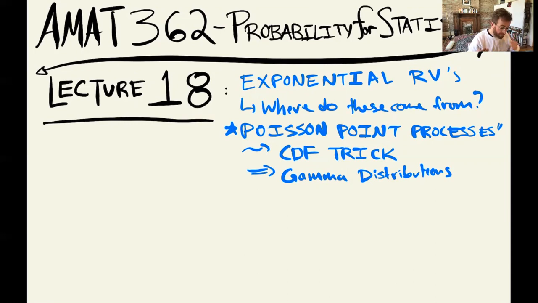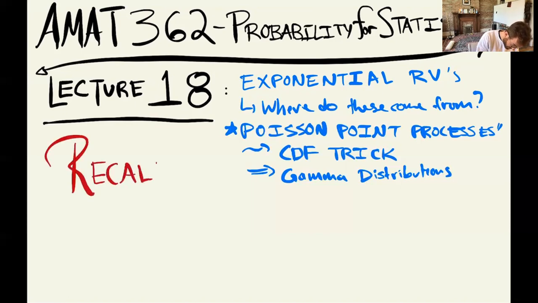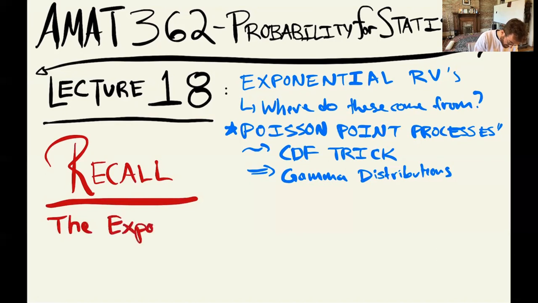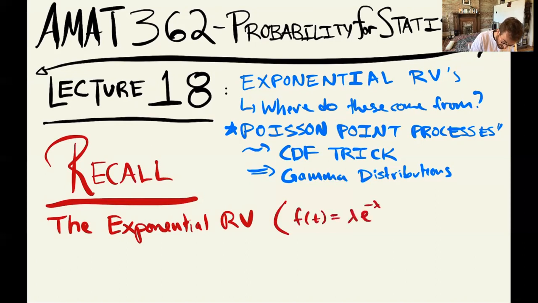As a reminder, you want to think of the exponential random variable as a continuous analog of the geometric random variable. And remember, this is dictated by the PDF f of, let's say, t is equal to lambda e to the minus lambda t for t greater than or equal to 0.